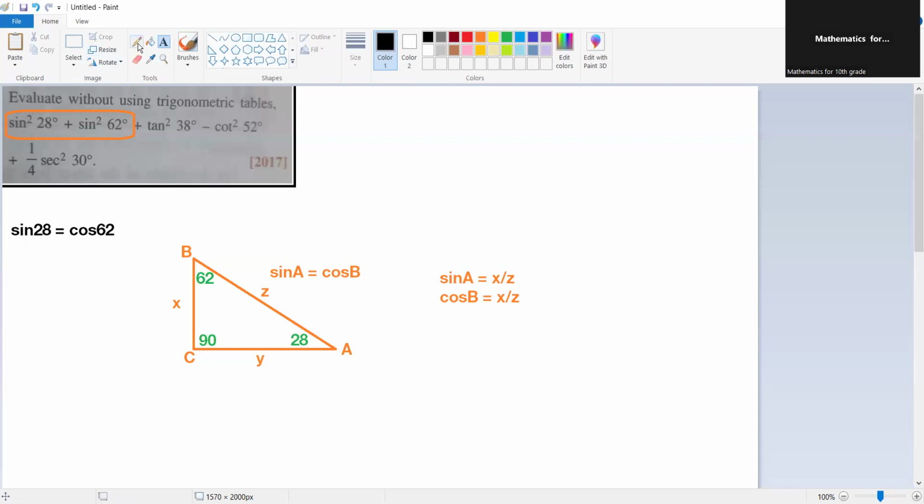So the first circled one becomes cos square 62 plus sine square 62.